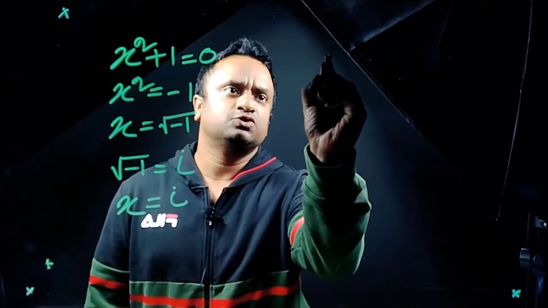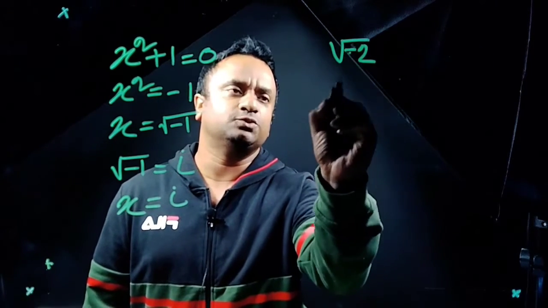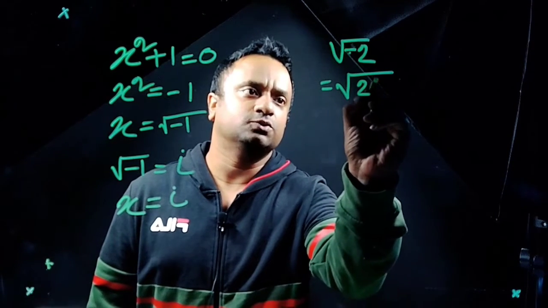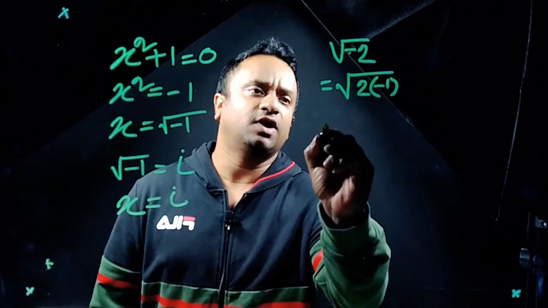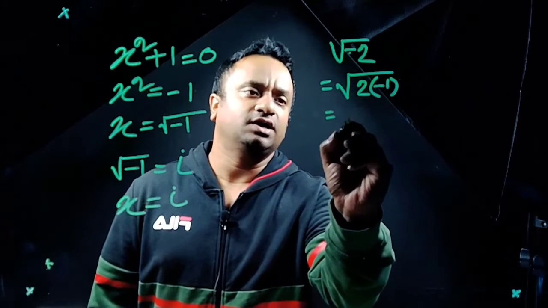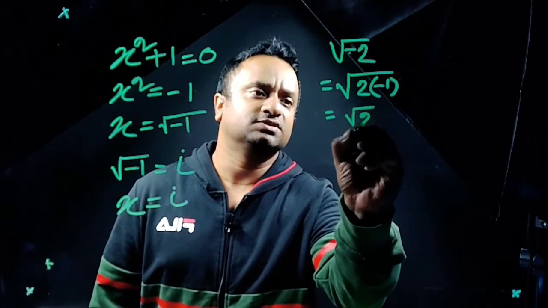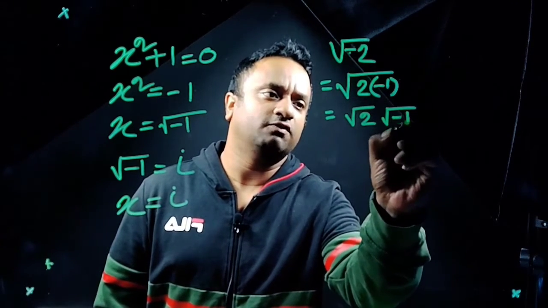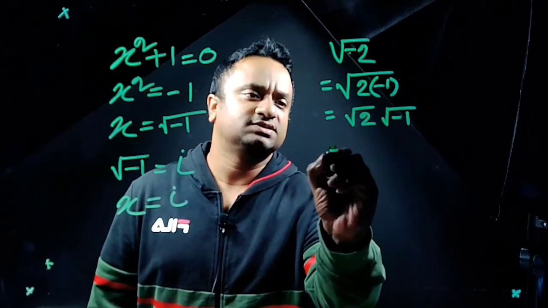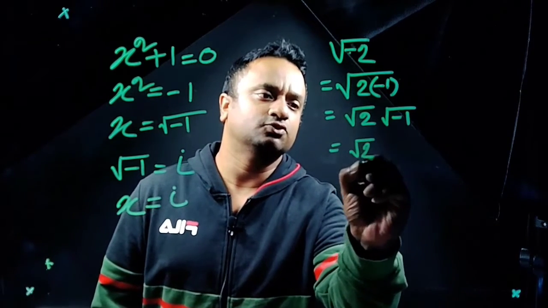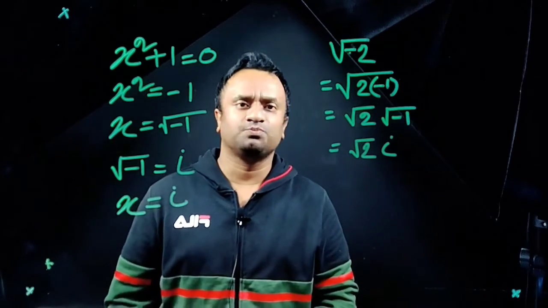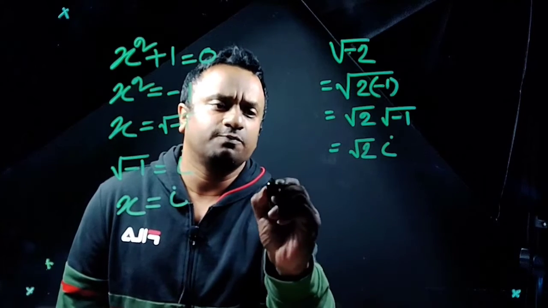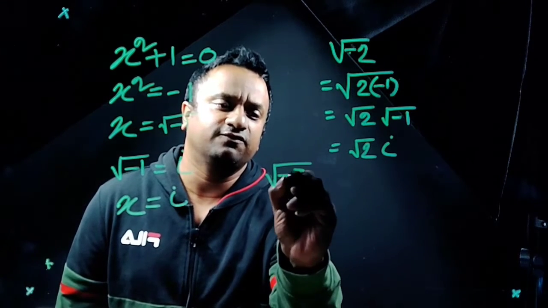For example, the square root of -2 can be written as the square root of 2 multiplied by -1, and then we can write it as the square root of 2 multiplied by the square root of -1, and hence it becomes root 2 i. Let's take another example, the square root of -5.